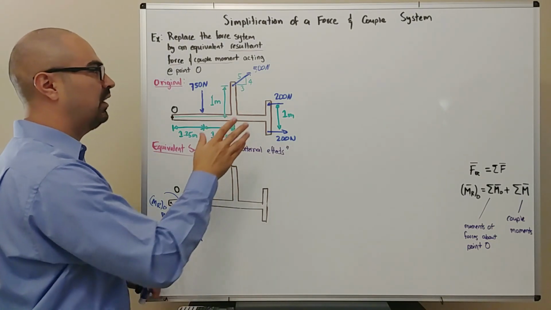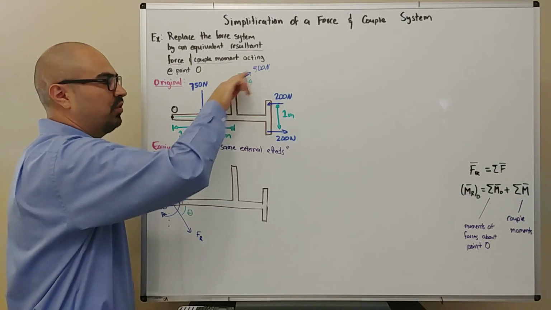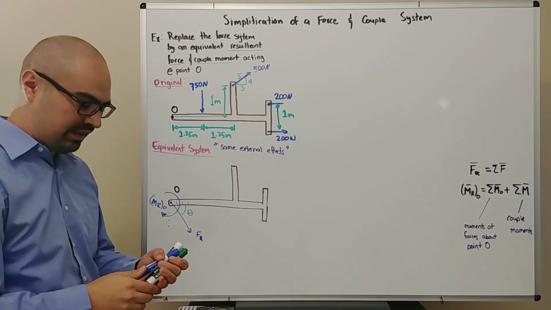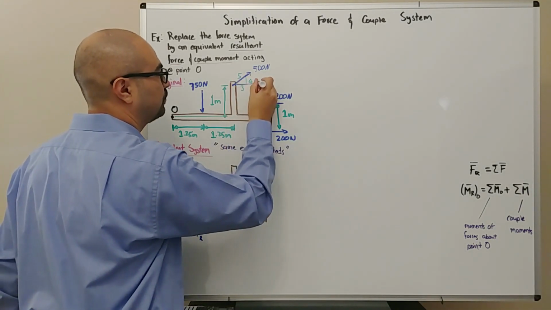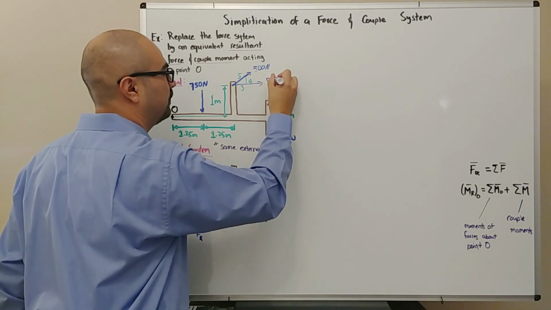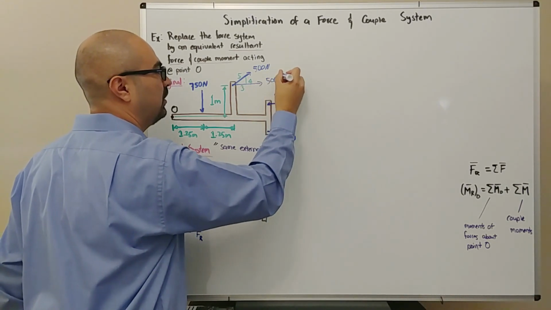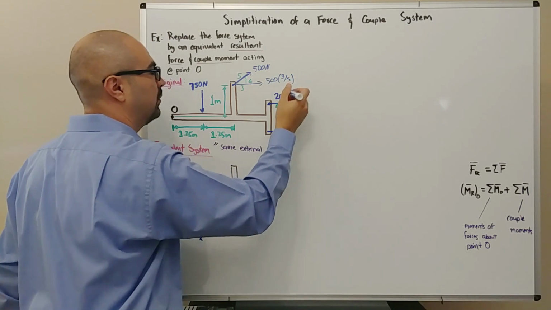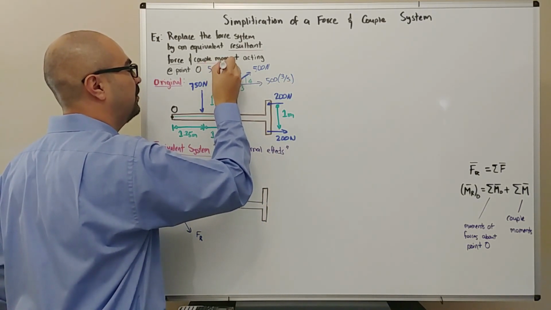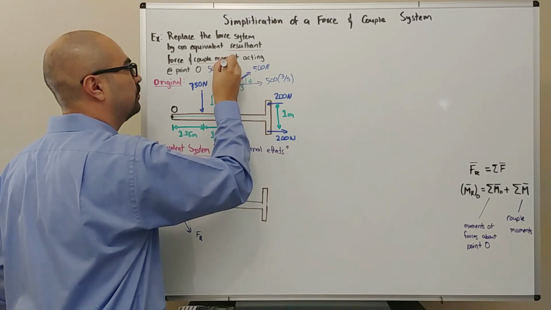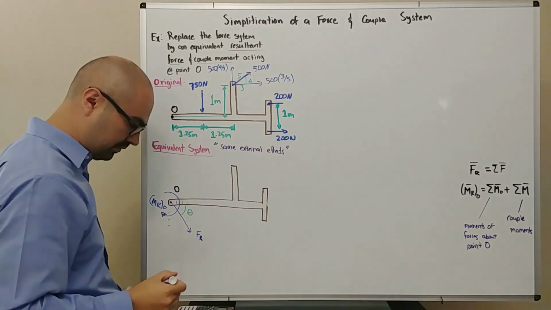So let me go ahead and change this force that is at an angle. We'll calculate its x and y components. Along the x-axis, this is going to be 500 times 3 divided by 5, and in the y direction, it's 500 times 4 divided by 5.